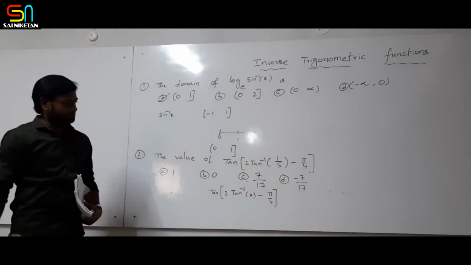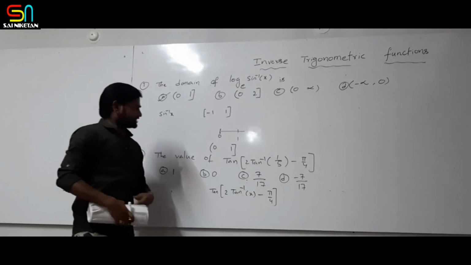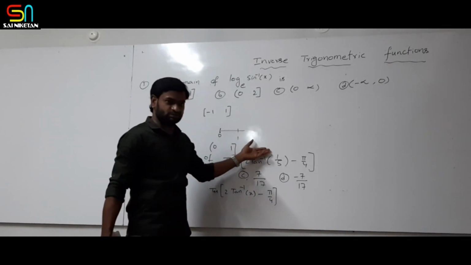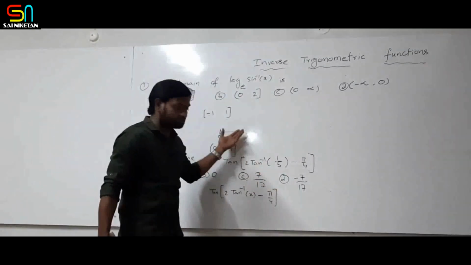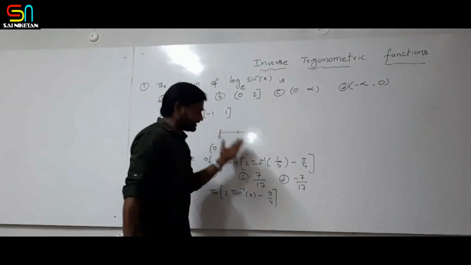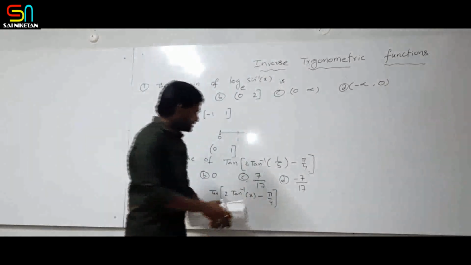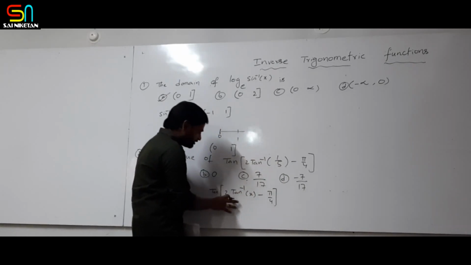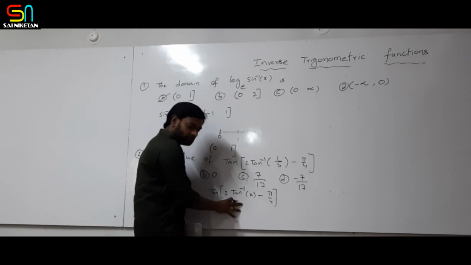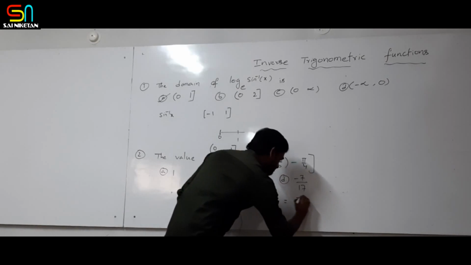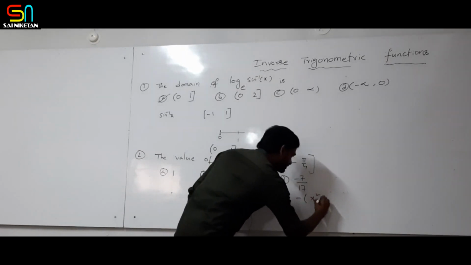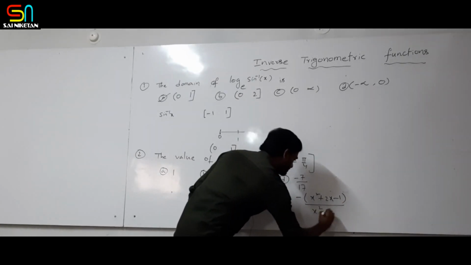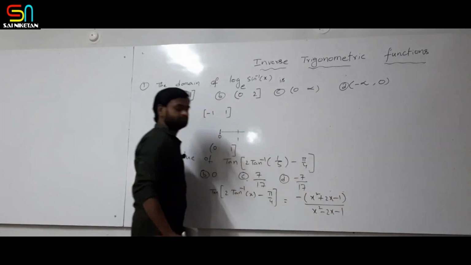When we have this format, at board level you can simplify everything. But we are teaching competitive, so we have to take shortcut formulas only. So I am taking 1 by 5 as x. When any problem is in this form, the shortcut formula is minus of (x square plus 2x minus 1) by (x square minus 2x minus 1).